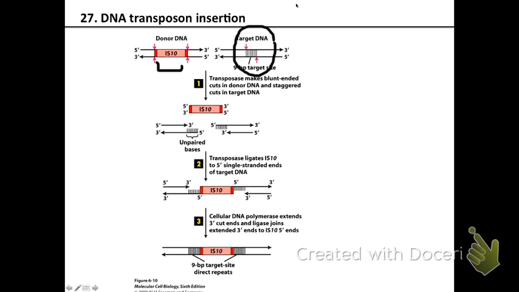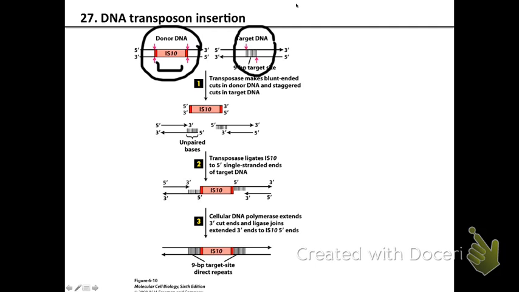Staggered means two cuts that are offset from each other in the two strands. Okay, so that's making a staggered cut at the target site, and it also makes a blunt cut at the donor site. Blunt cut means you're cutting both strands exactly the same location, right? So you have a blunt end.